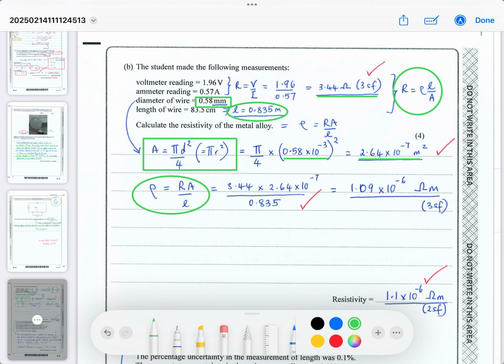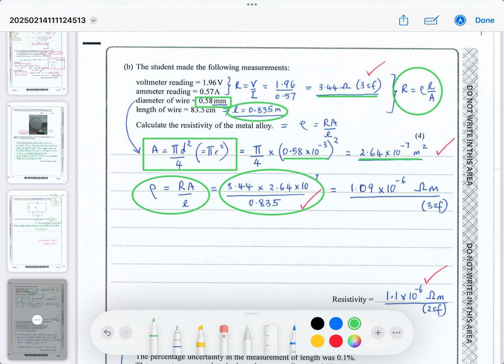You just plug the numbers into that equation, changing the subject of the formula to make resistivity the subject on the left-hand side. On the left-hand side of the equation is what you're working out, and on the right-hand side is how you're working it out. If you got all three numbers in correctly, even if you've carried forward an error, you will show that you have used the equation correctly.